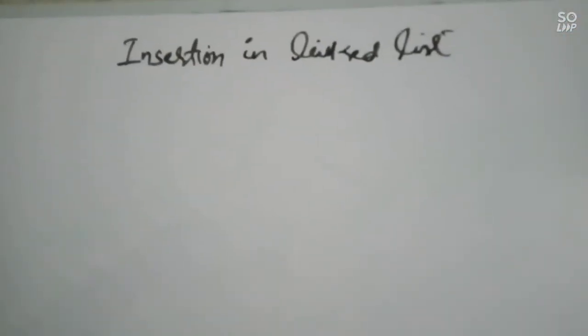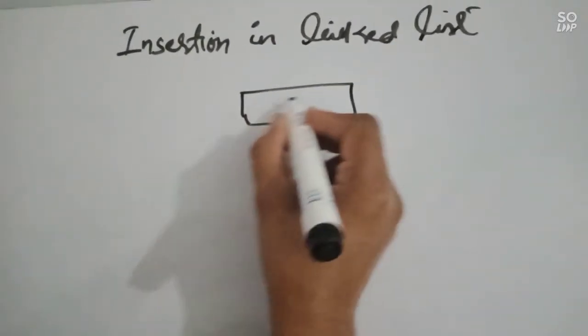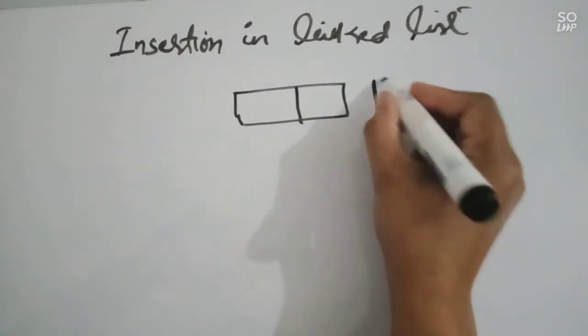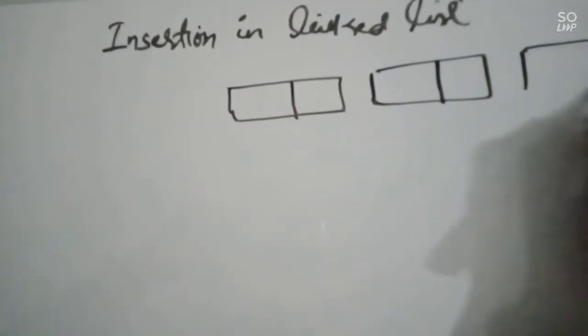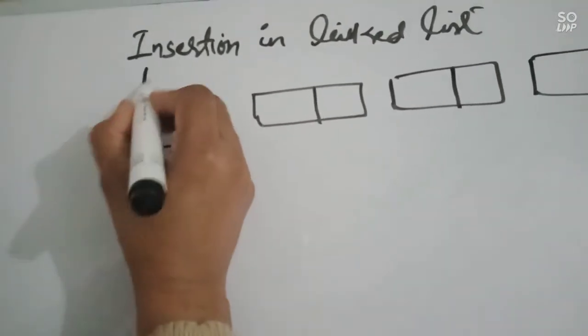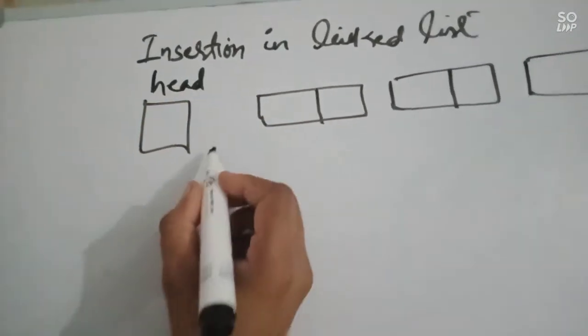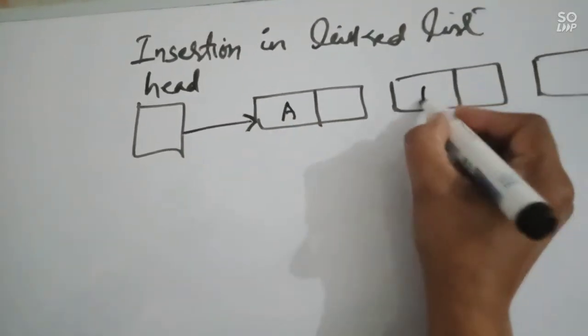Suppose we take a list in the memory as we have done in the previous lecture. Suppose this is a list and it has a start pointer head, so this is pointing to some node.